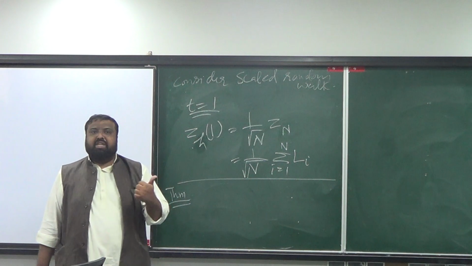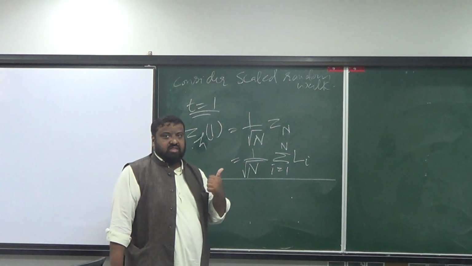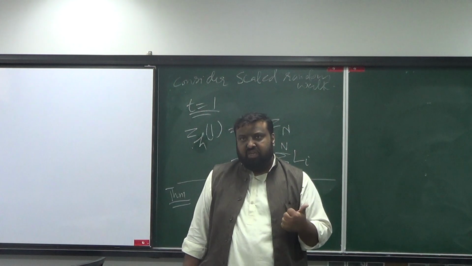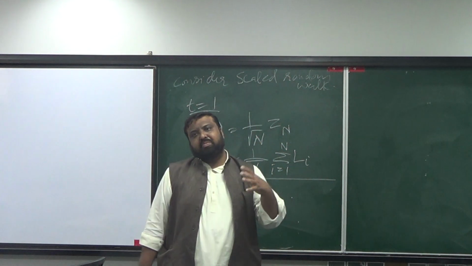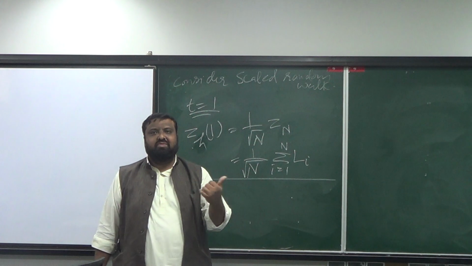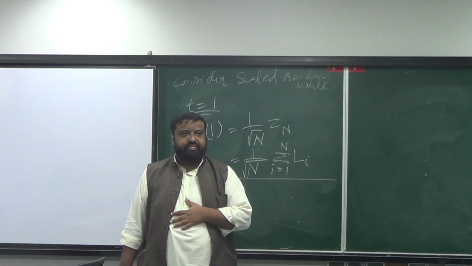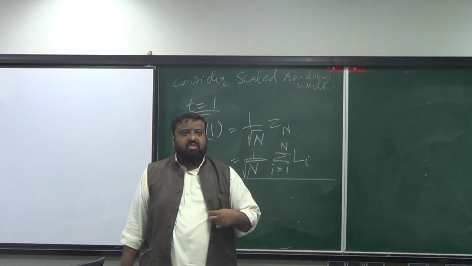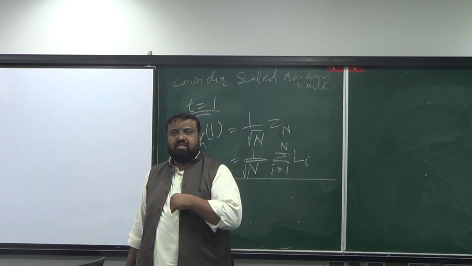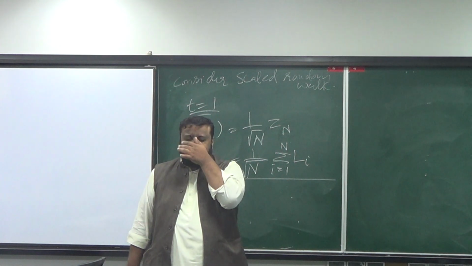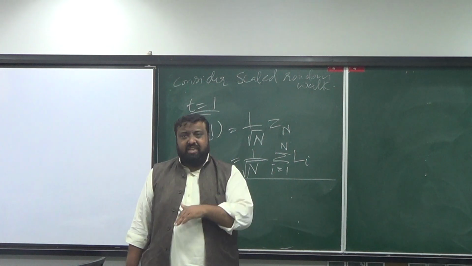Can you roughly predict what should be the distribution of Zn? The gains that you have. And hence you can also predict the distribution of the scaled gains. So Zn is the sum of IIDs, each one of them has expectation 0 and variance 1.